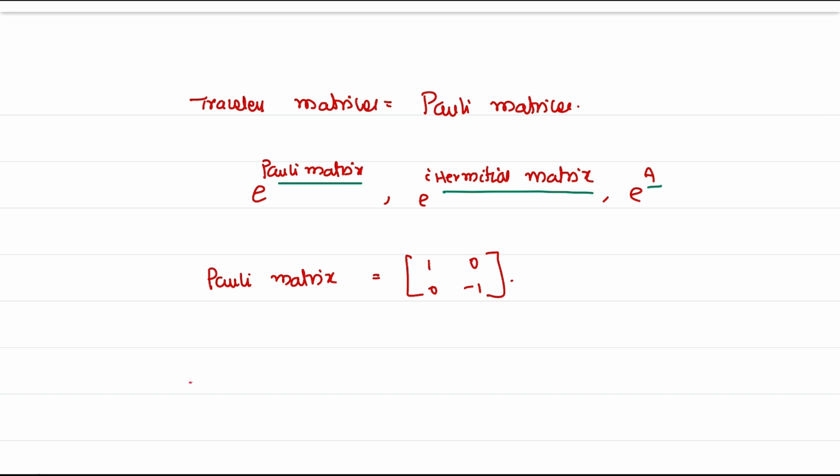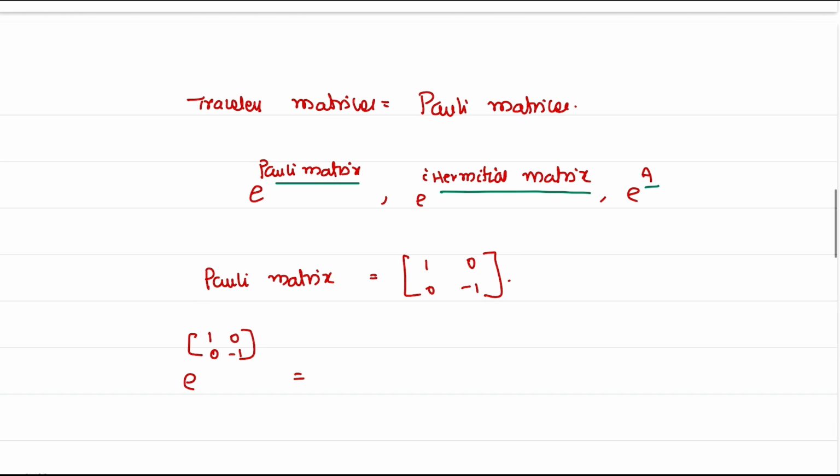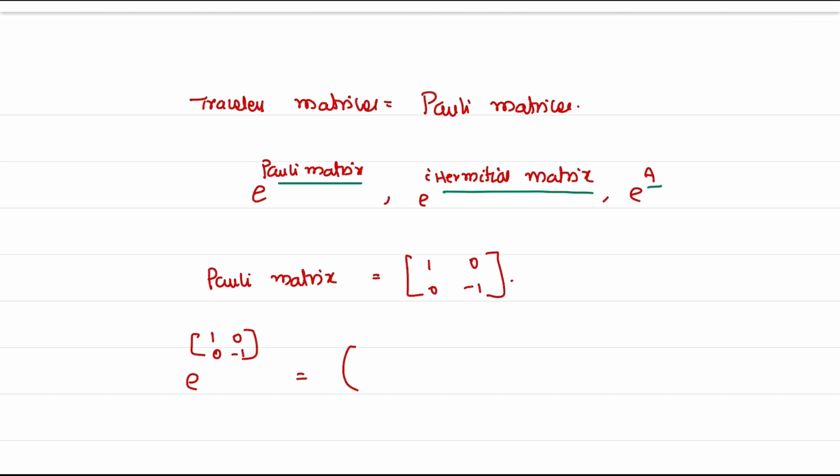What happens to e to the power of the matrix 1 0 0 minus 1? Can you prove it to be e 0 0 e to the power of minus 1? Can you prove this? Prove this. Try to prove it from the definition which I have given you.